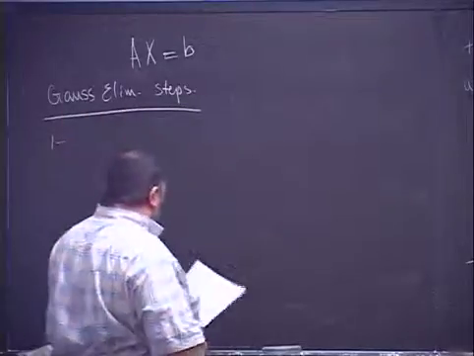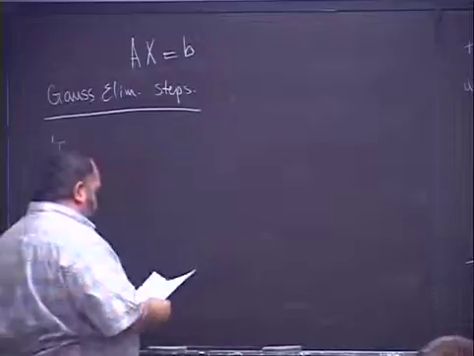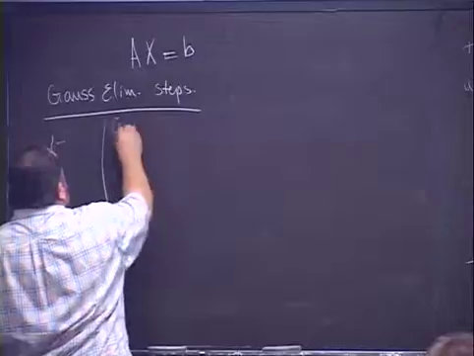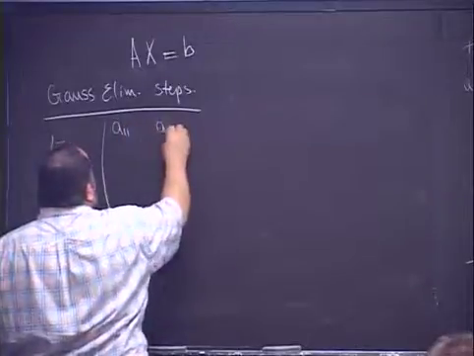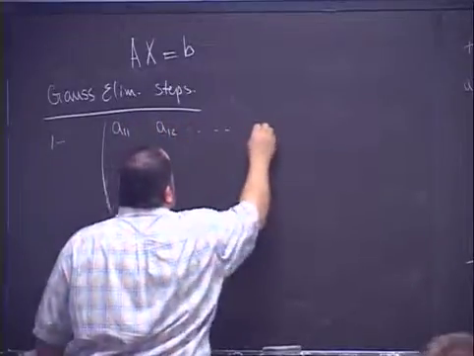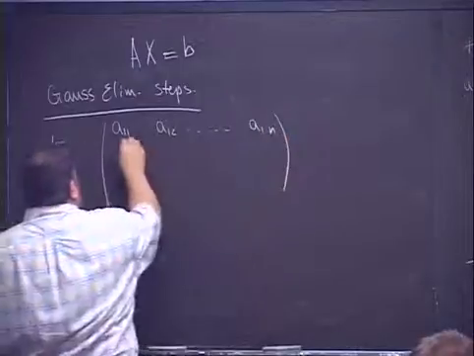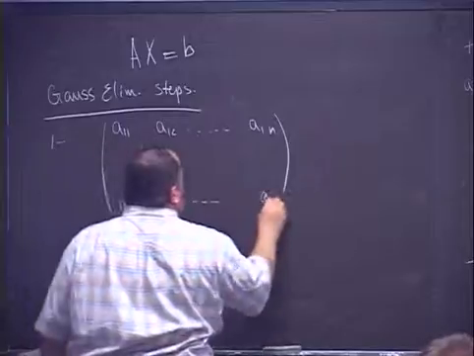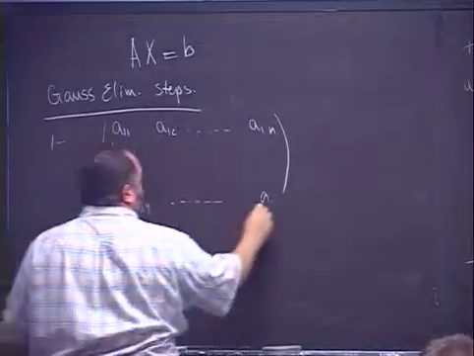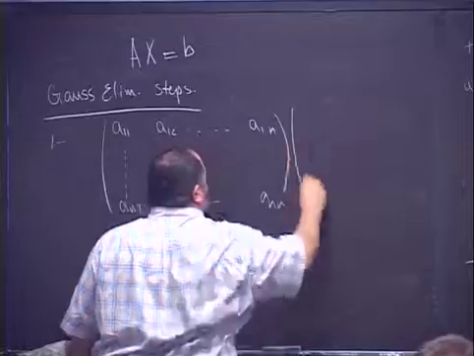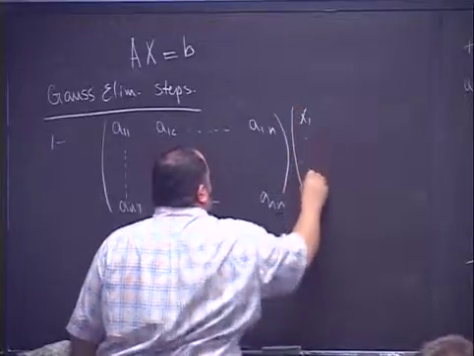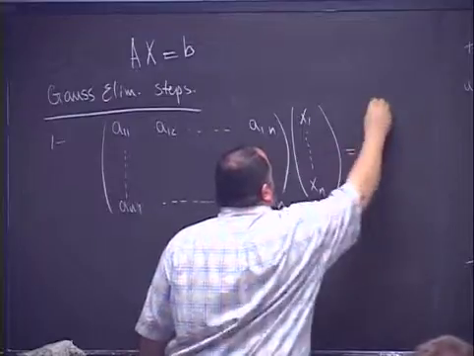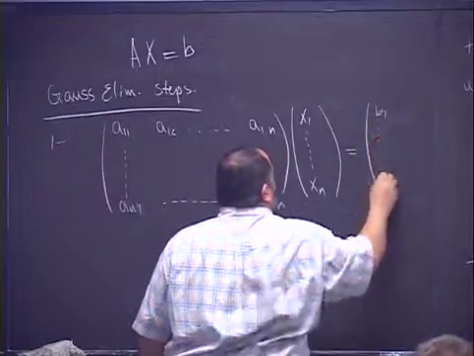First one is we will start with the system of equations, the one that we just stated here: A11, A12, up to A1n, and this goes to ANN, AN1 up to ANN, multiplied by the vector x1 to xn equal to b1 to bn.